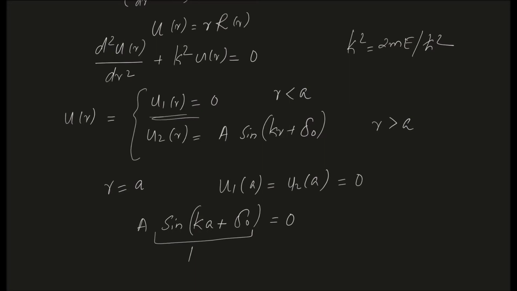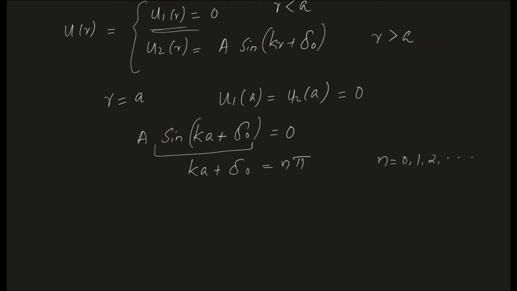Or you can say that the argument of the sine, ka + δ0, must be of the order of nπ, where n is equal to 0, 1, 2, 3, etc., because for all these values of nπ, the sine term goes to 0. So you get an expression for the phase shift δ0, and this is given by nπ − ka.